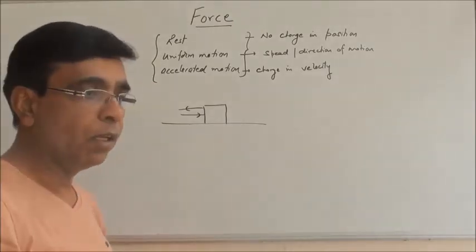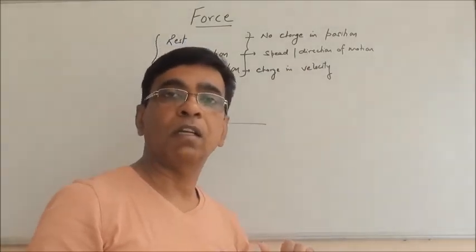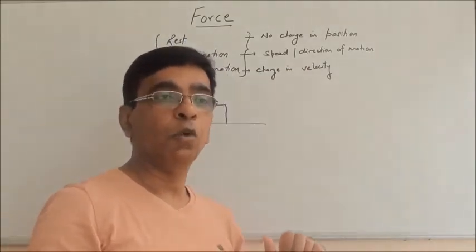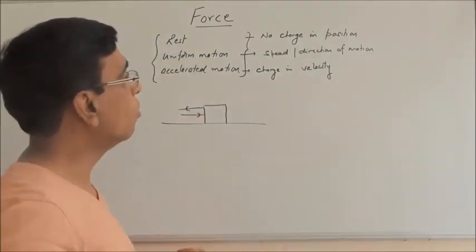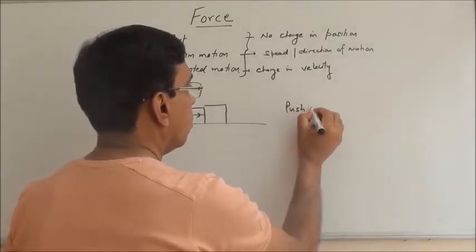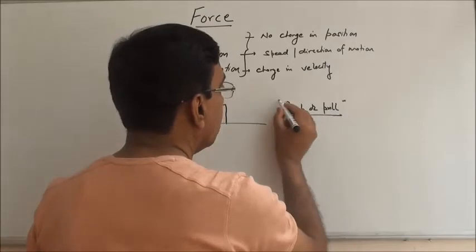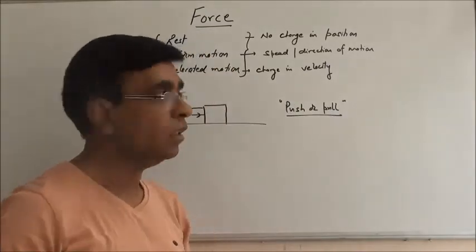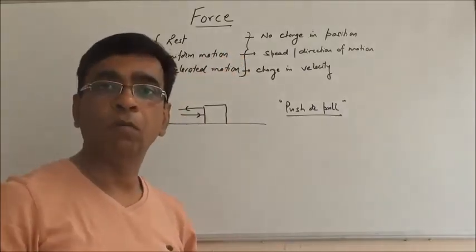And the change in direction of motion can also happen only if we either push a body or pull a body. So push or pull can change the state of rest or the state of uniform motion.